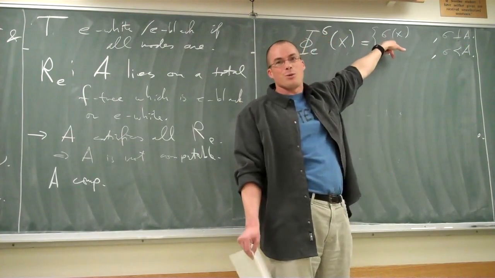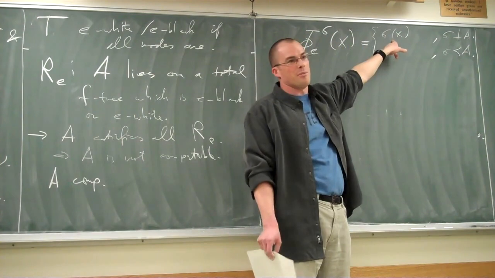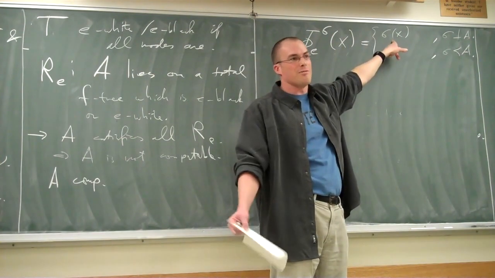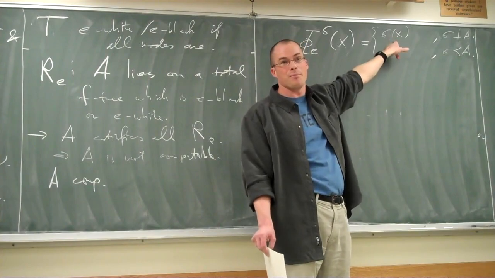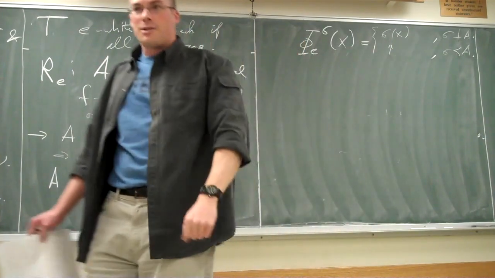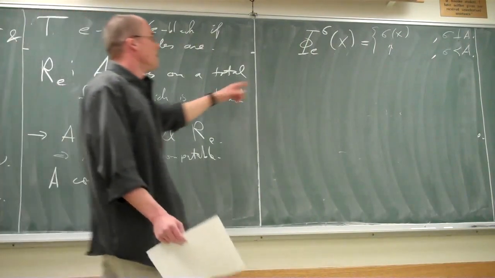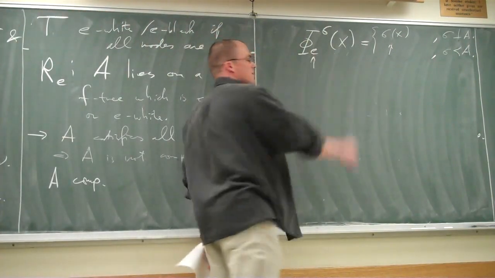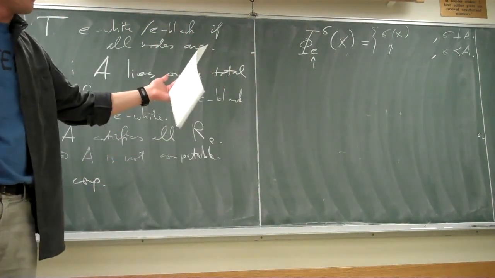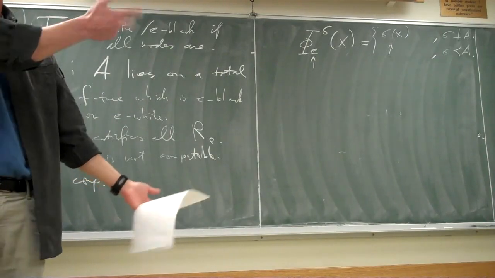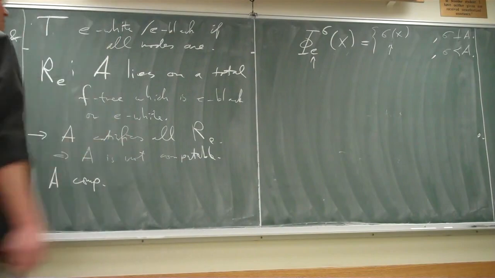Therefore, ask one more oracle question. This, of course, might be undefined, but if x is not too long, then it is defined, and you go into that. So that's why, if A is computable, then such an E exists. Now, of course, E depends on the Turing machine that computes A, right? Because you need to check A. But if A is computable, such an E exists. So you have this.